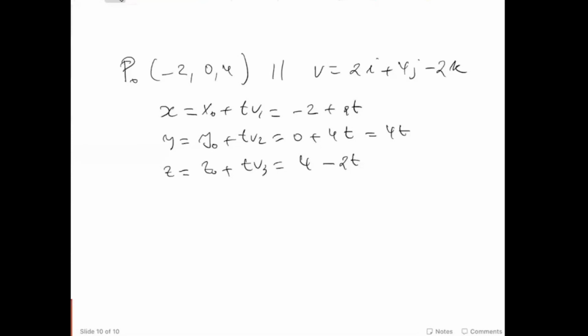We can then also define the distance of a point to a line. If we have a line passing through P with a direction V, and we have a point S, the distance should be normal to the line, which is here the corresponding vector, and then sine of theta.